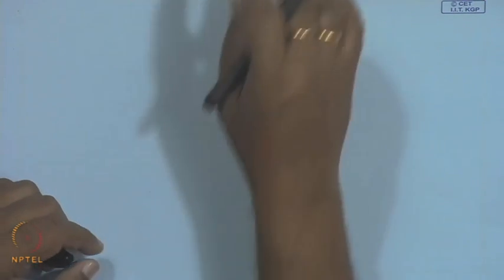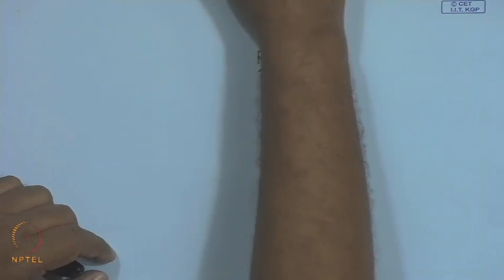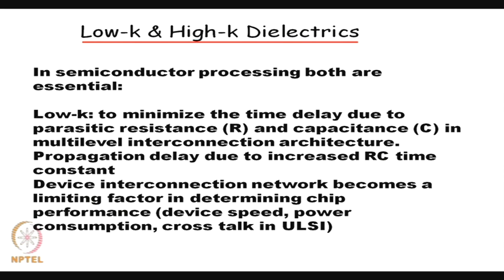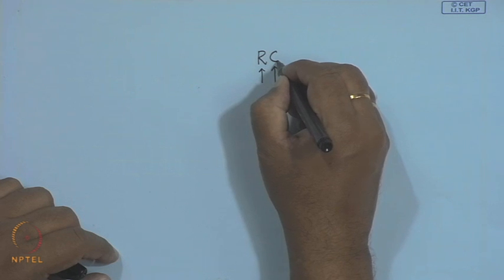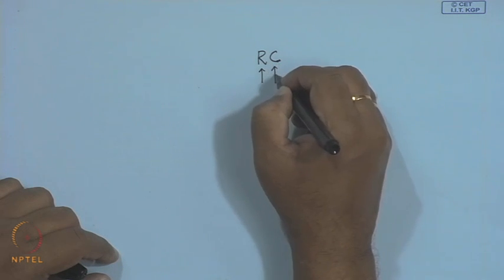R can be minimized by using, say, copper: if you compare with aluminum, R for copper is less. So the metal interconnect which we use will minimize R, and the value of C will be minimized by the low dielectric constant.